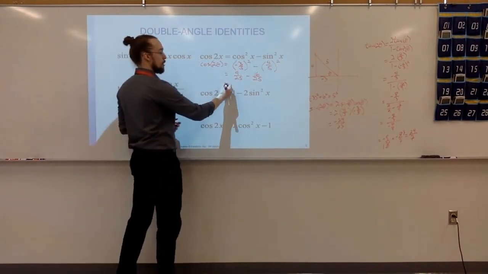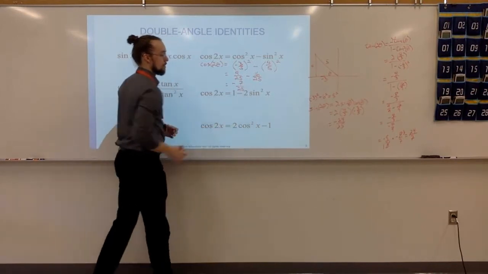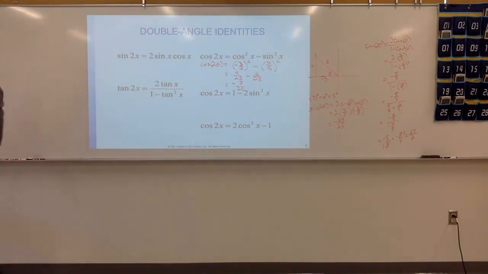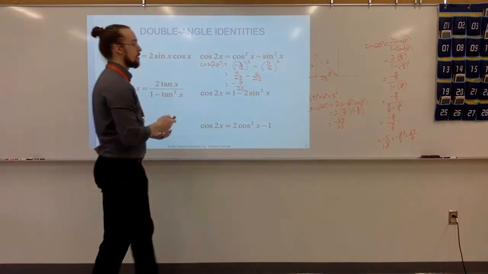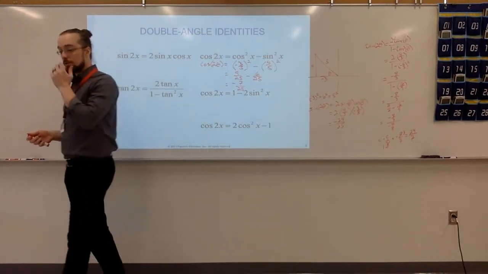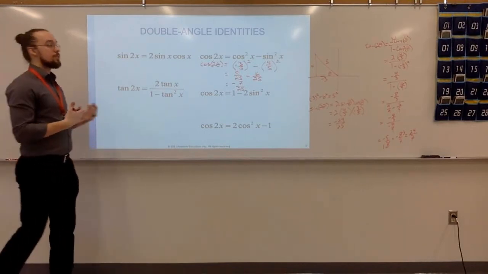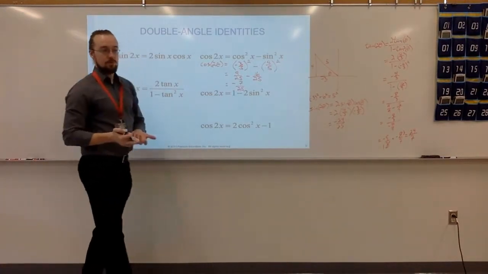So that would end up being negative 7/25. So we've done problems like this before where we had to use a right triangle to figure out different measures, and now we're just using these formulas to find double angles.